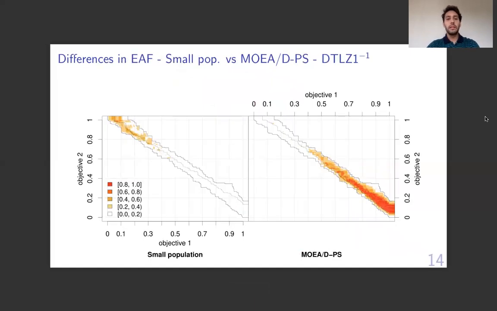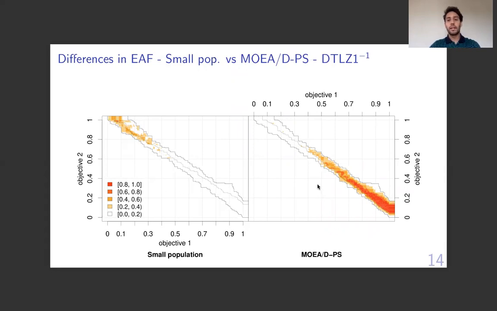Okay, so these are the differences in empirical attainment function between MOEAD with a small population and MOEAD PS in the inverse DTLZ1. We can see that MOEAD with a small population performs better than MOEAD PS in this region, which is dominated by MOEAD with a small population in at least 20% of the runs, because the shade of red that we see here matches the interval of 20%.